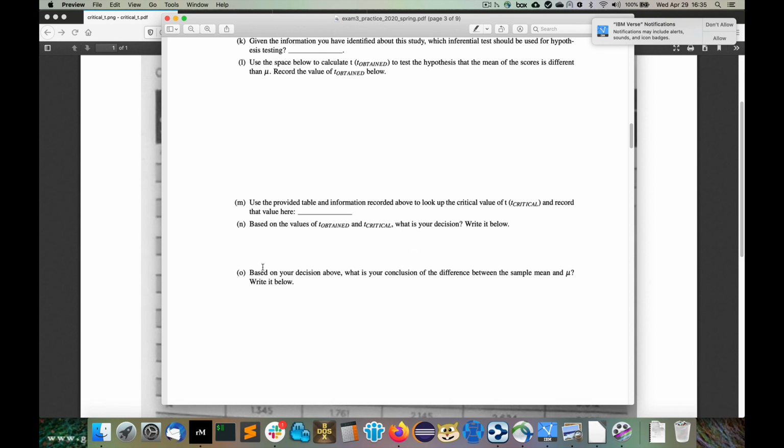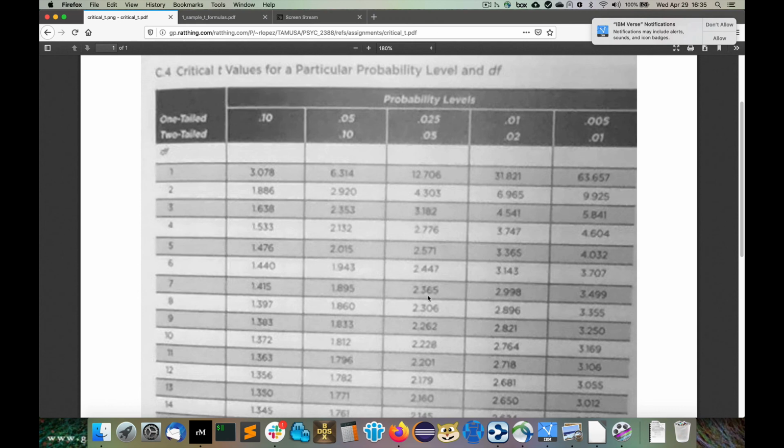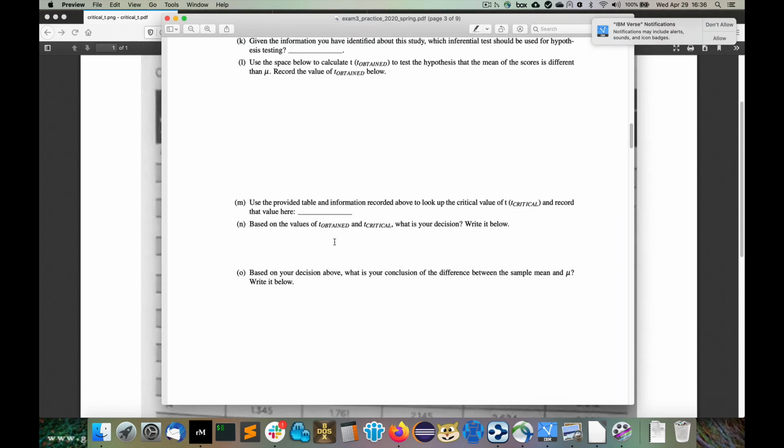Okay? So in this problem here, the number 8.43 is bigger than the 2.365 number that we got from the table. Therefore, we reject the null hypothesis. So that null hypothesis that we wrote out before is rejectable.